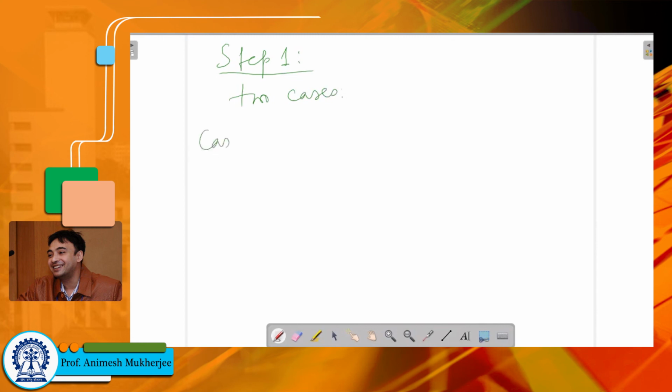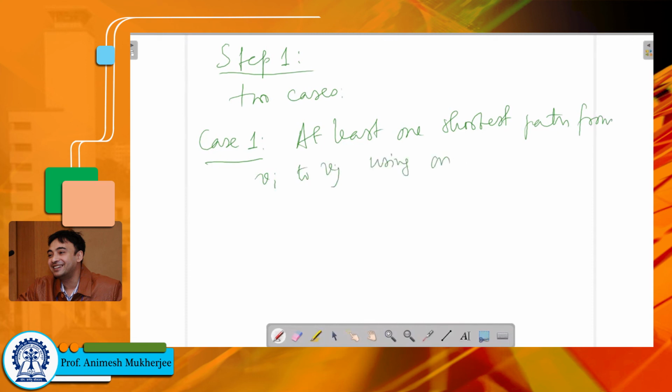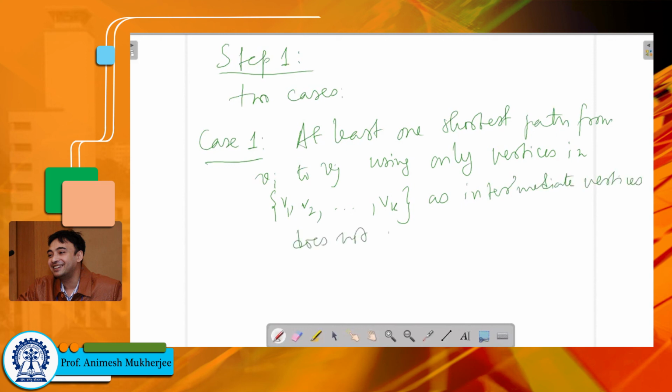So, case 1 is at least one shortest path from Vi to Vj using only vertices in V1, V2 up until Vk as intermediate vertices does not use Vk.